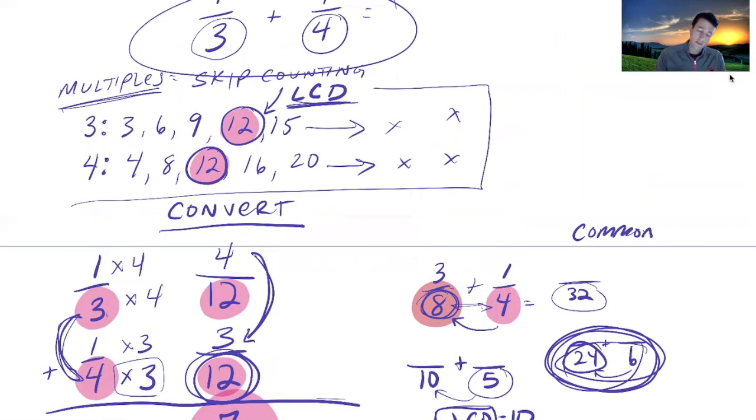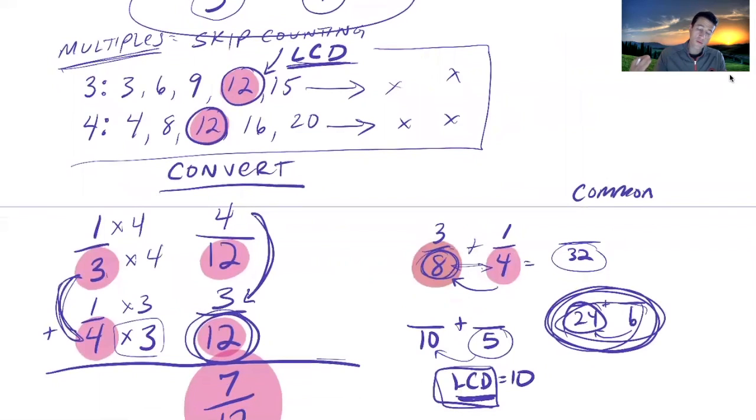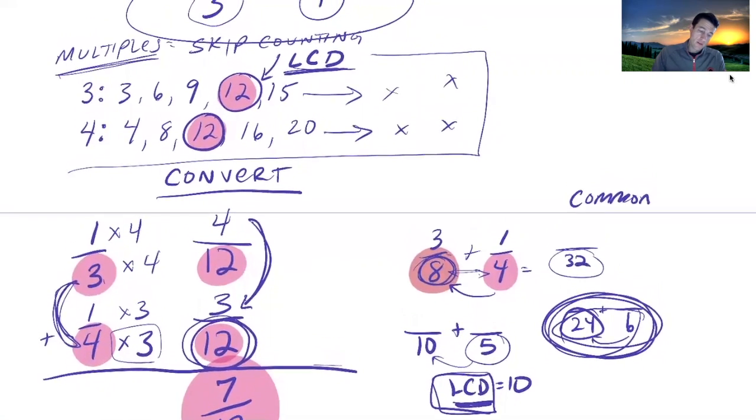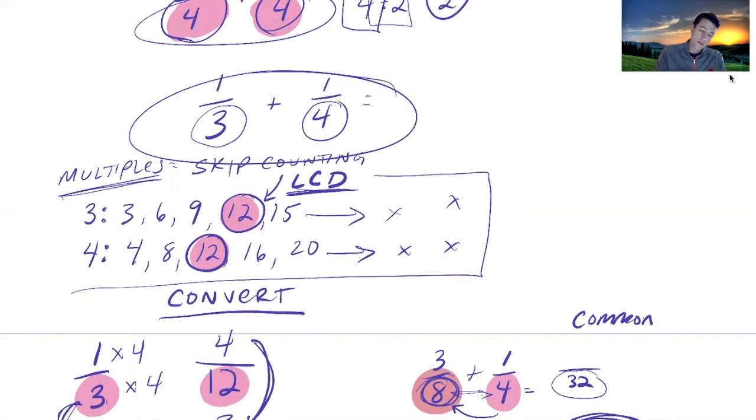So once again, as we say in math, we like to give you multiple ways to attempt a problem. Whatever makes sense for you is what you need to apply. But the traditional way, and what most people learned when they were in school, was this method right here. List out the multiples of 3 and 4 because we got them from our question, and find the lowest common denominator where they match. Boom.